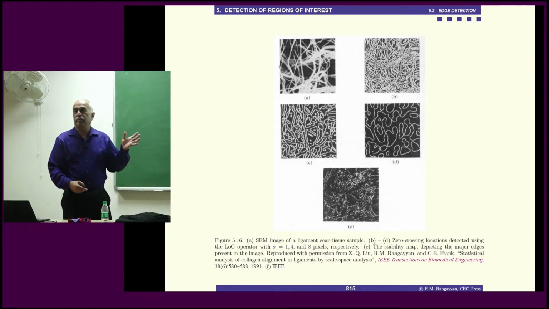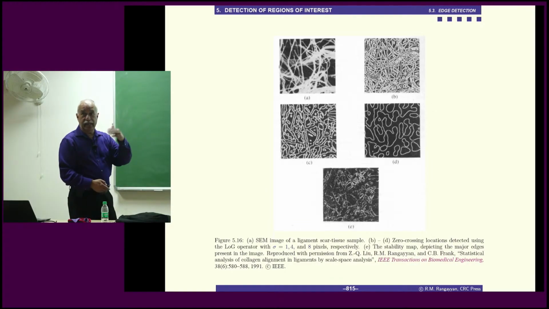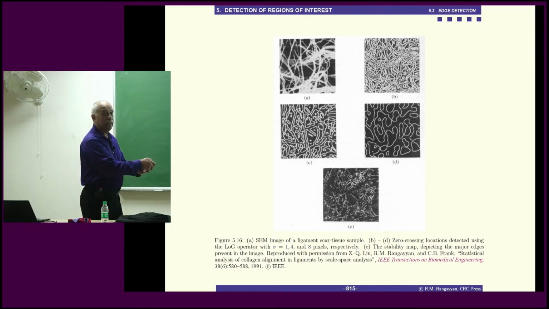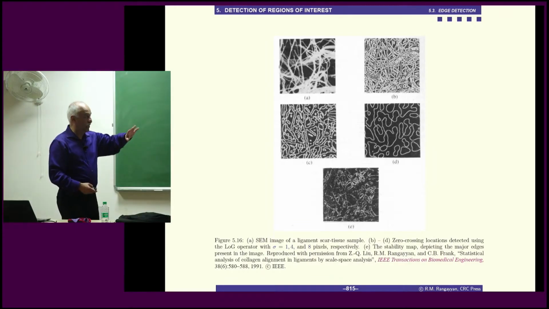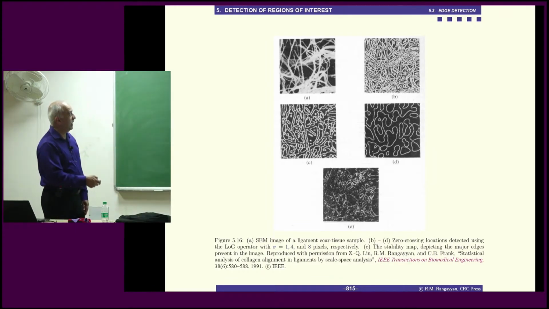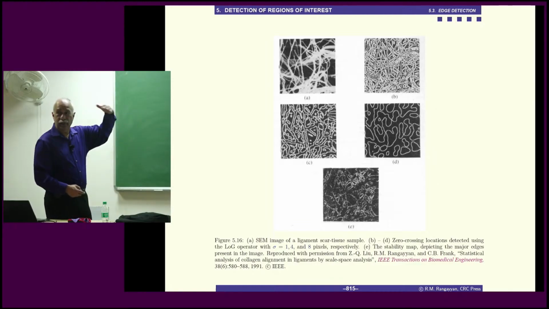But that's an edge. That's a strong edge. It's not an object. You have to analyze later what is inside here. Is it the object or is it the background? That's further analysis. But edges are detected, and the stability map combines all of these. How many ever you have? I'm showing only 3. We used 8.